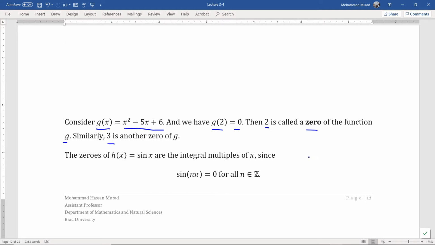Similarly, 3 is another zero of the function g. The zeros of the function h, defined by sine of x, are the integral multiples of pi, since sine of n pi equals 0 for all integer n.